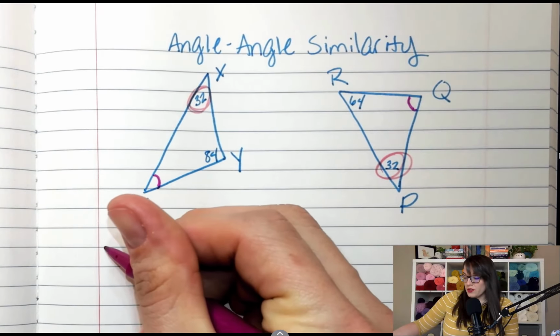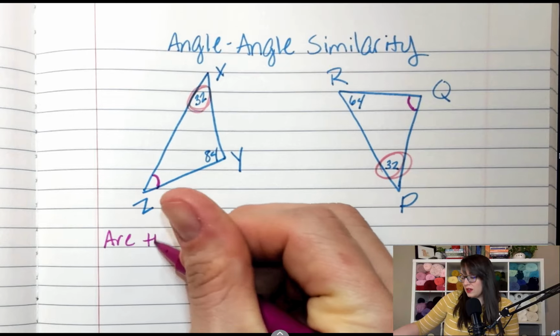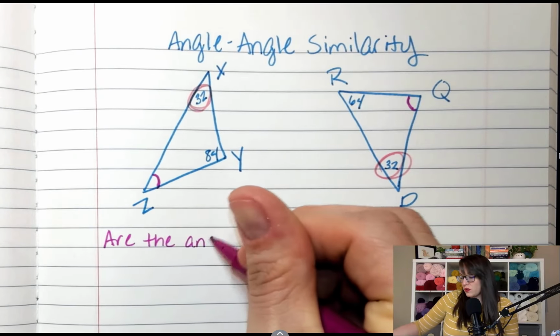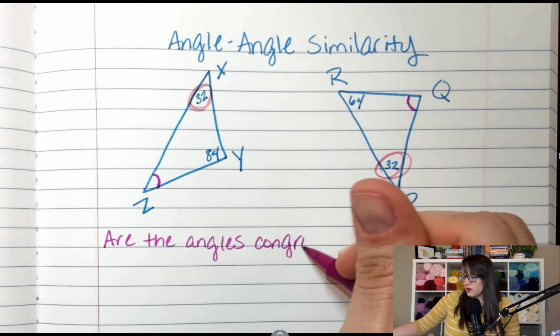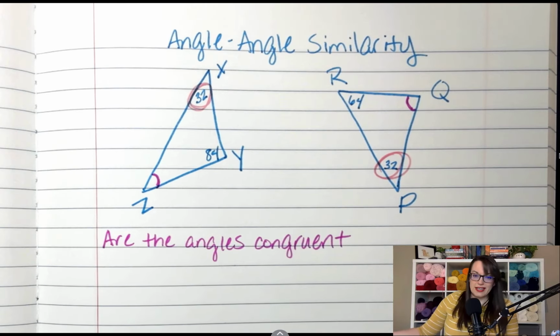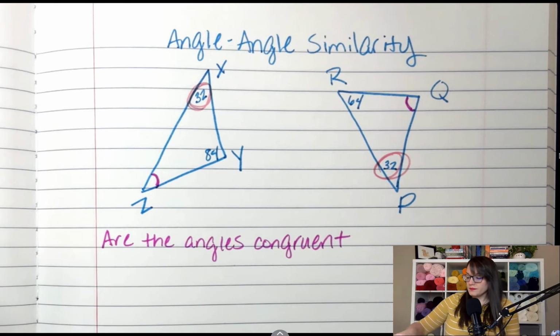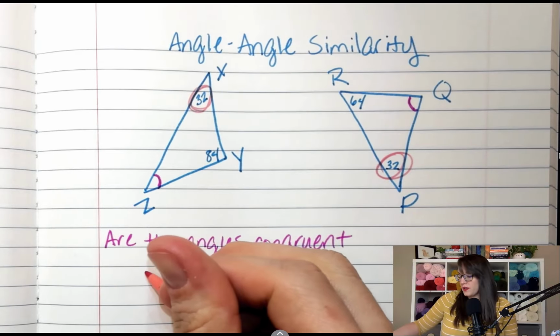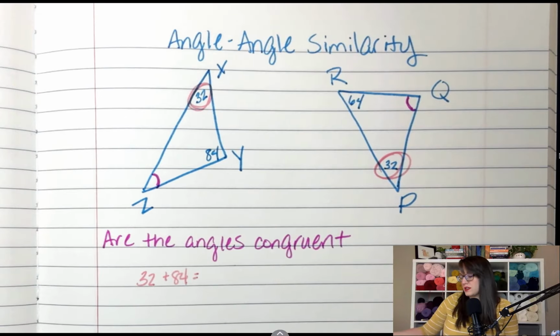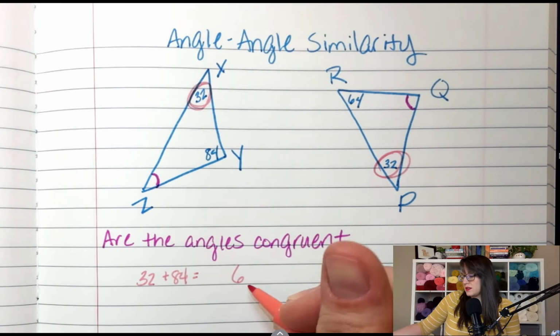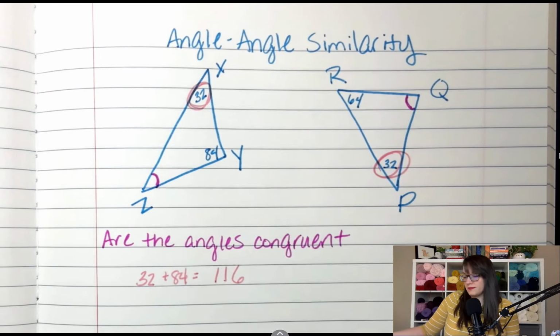So my big question is, are the angles congruent? Congruent means equal. So over here, with triangle XYZ, I've got 32, 84, and blank. So I've got 32 plus 84, which is 116.